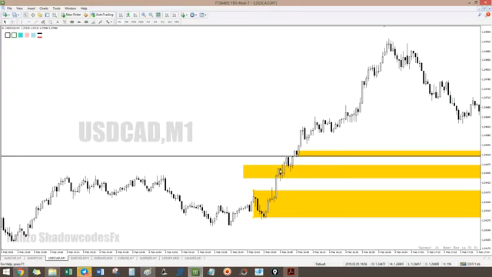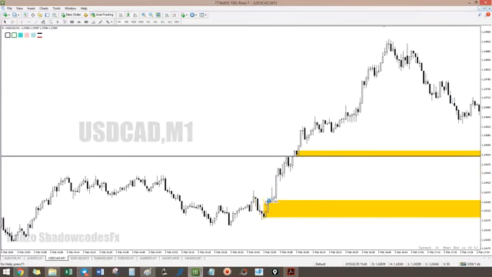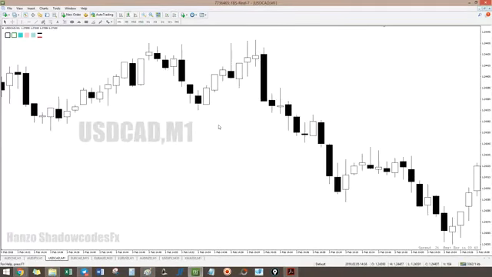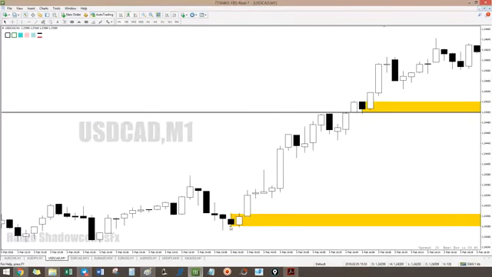Clean break. And this is not clean. If it is not clean, just delete. This is also not clean, right? Look, I zoom in. It's not clean. It is broken by 2 candles. So not clean.